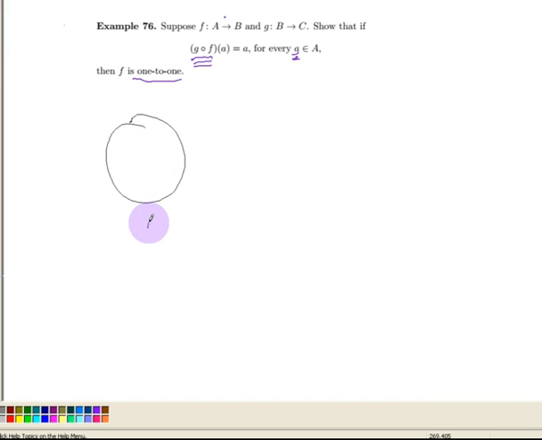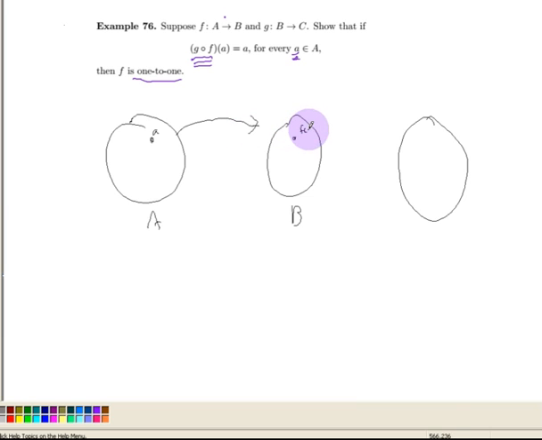Here I have my A, here I have my B, and here I have my C. Okay, and I know that if I have an A here, this is going to go to F of A here. And then this is going to go back to G composed F of A, which is A back again.